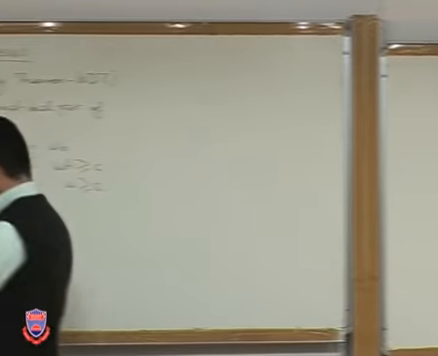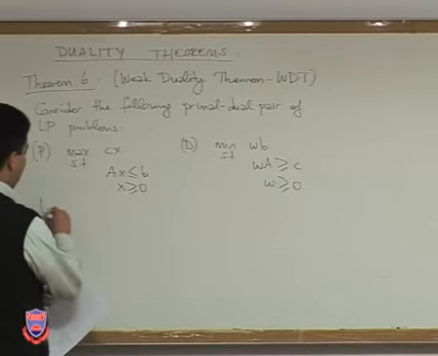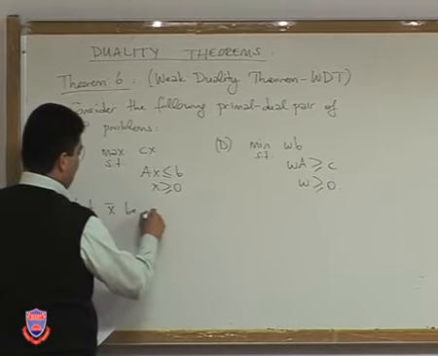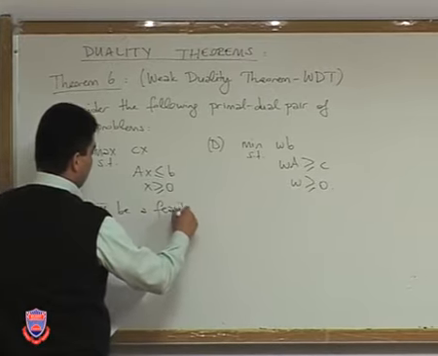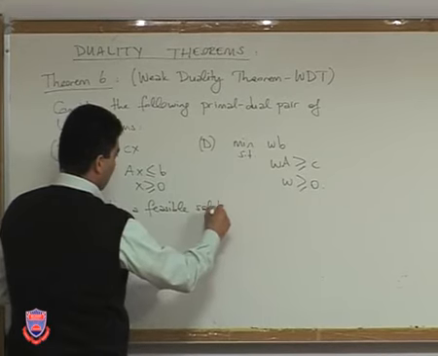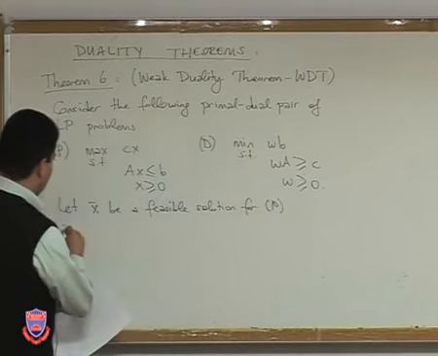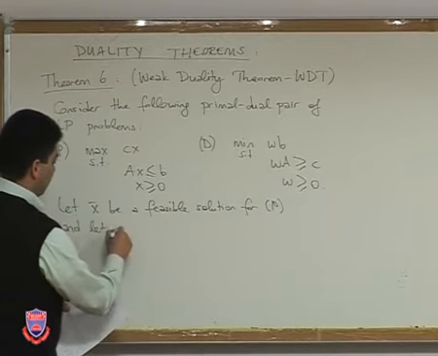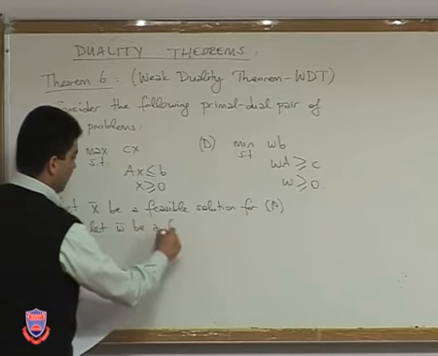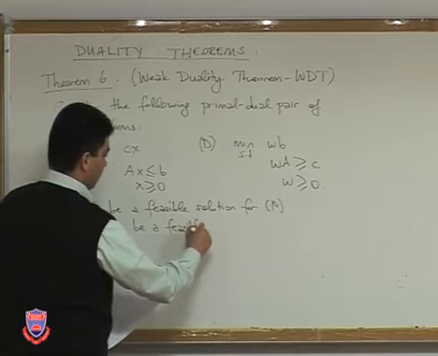All right, so here's a statement of the theorem. Let x bar be a feasible solution for the primal problem, and let w bar be a feasible solution for the dual problem.